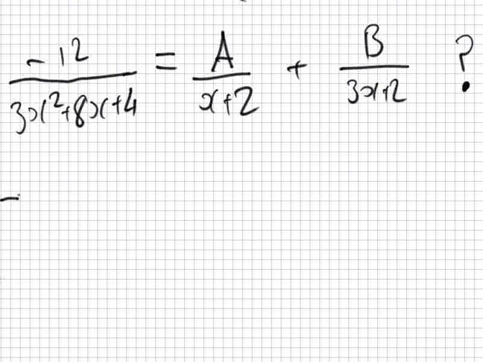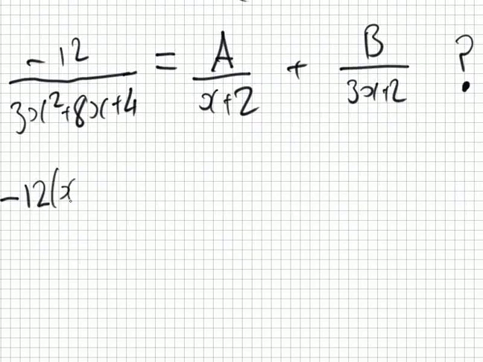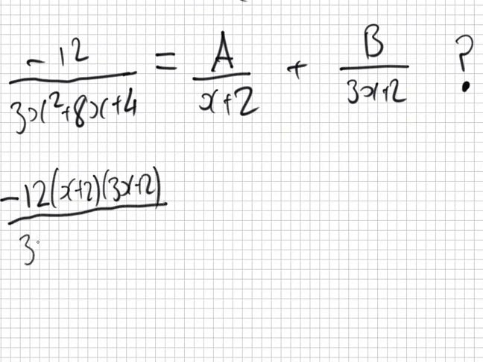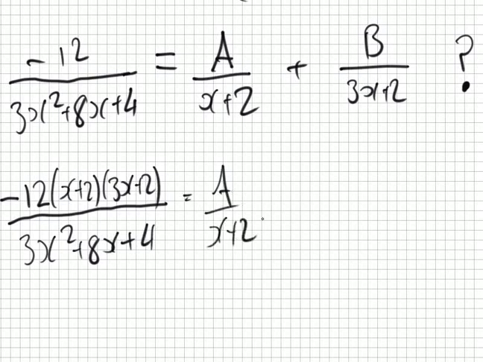So, minus 12 times x plus 2, 3x plus 2, over 3x squared plus 8x plus 4. And then here, a over x plus 2 times x plus 2, 3x plus 2. That's a 2, sorry.